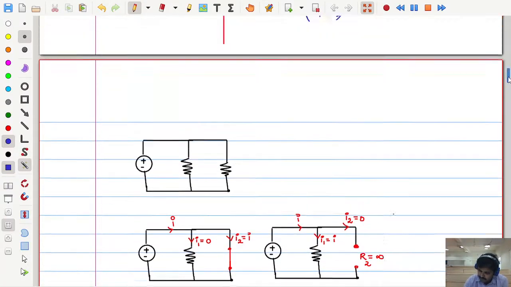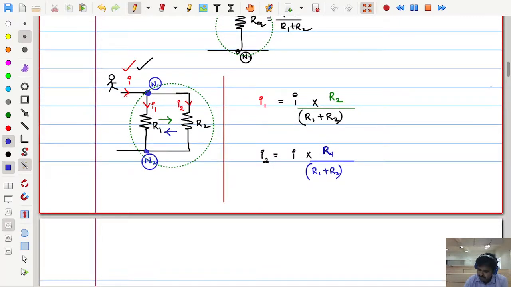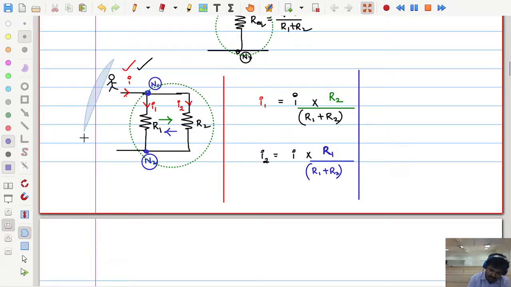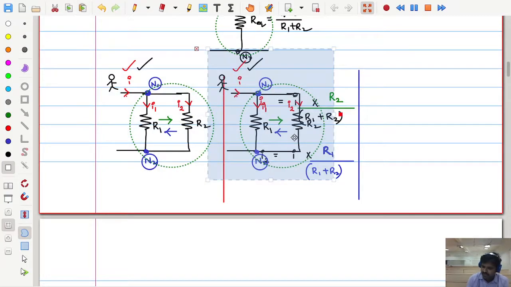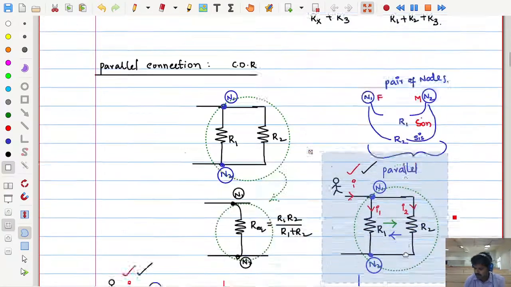Now let me give you one more point here. When three elements are connected in parallel, this is also very important, because many times people make mistakes on this, so I want to highlight this section.